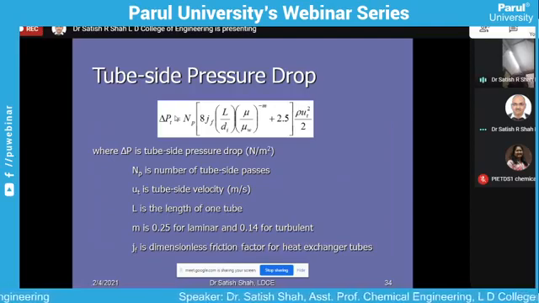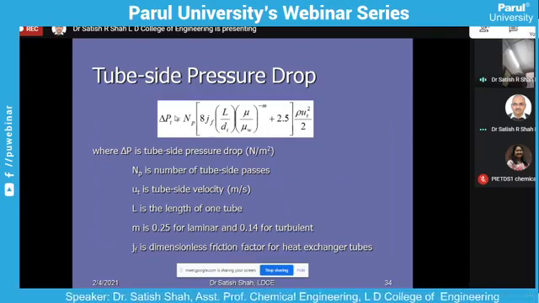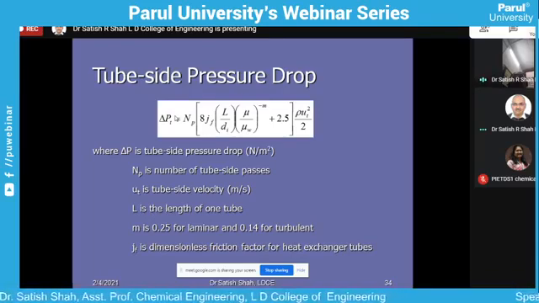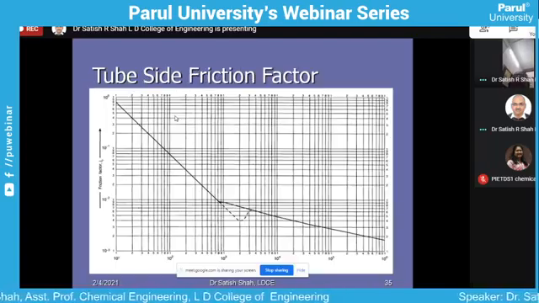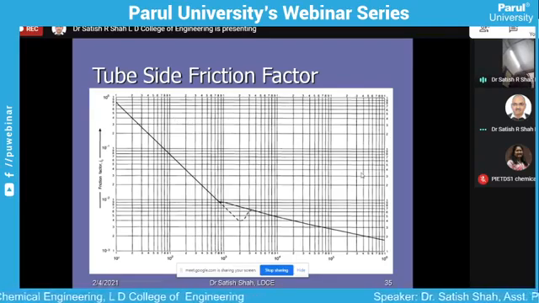Remember, if we have cooling water, generally the tube side available pressure drop is 80 kilopascal. When I am saying Newton per meter square, it is pascal. You have to divide by 1000 and you will convert it into kilopascal. So this is the value of JF. You can just calculate the Reynolds number and you will get the JF figure.